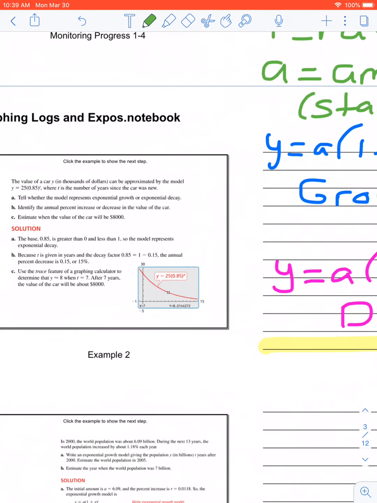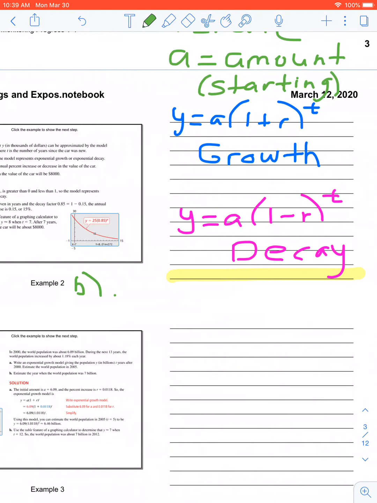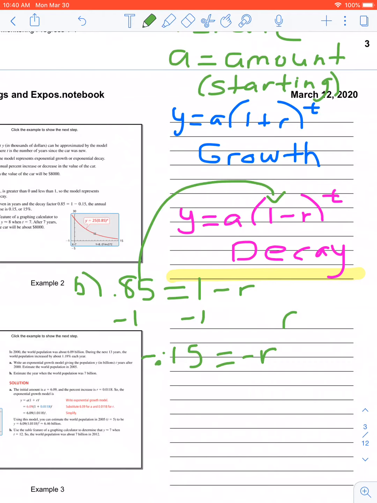So what we do is we take this part right here, this 0.85, so for B, we take the 0.85 and we set that equal to 1 minus R. I've got to figure out the rate there, and I know the 0.85 is inside the parentheses, so I need to solve for R. I'm going to subtract 1 from either side, and I end up with negative 0.15 equals negative R. So I divide by negative 1, so I know my rate is 15%, because 0.15 is our decimal, and in order to change a decimal to a percent, I multiply by 100.